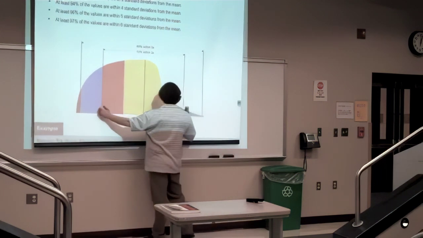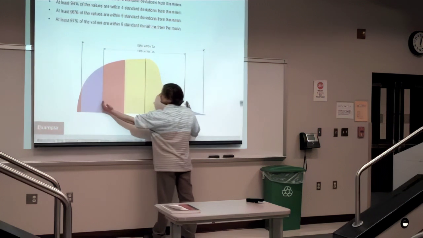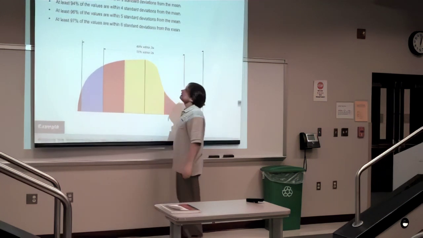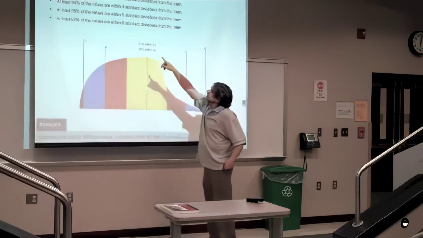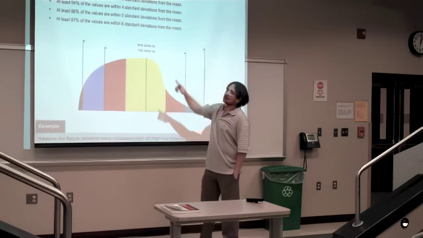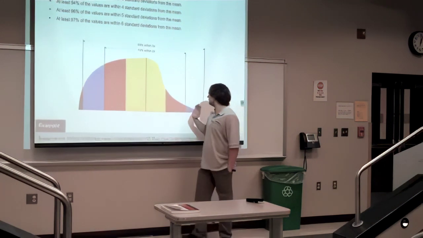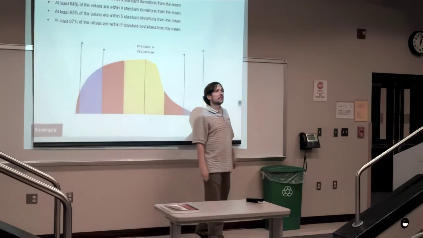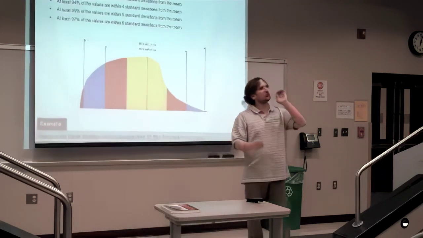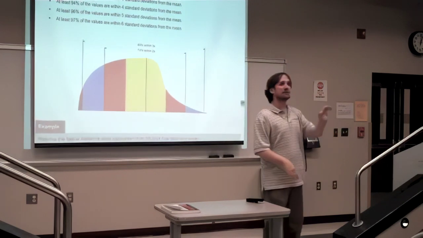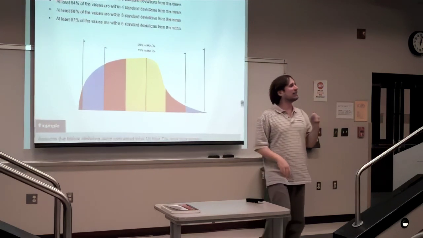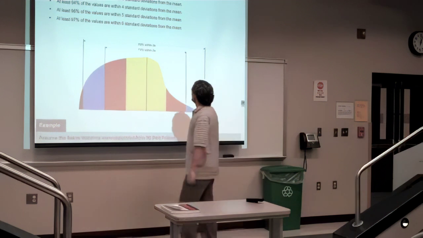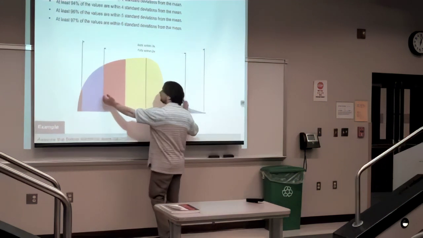So between here and here, this is 2 standard deviations below the mean to 2 standard deviations above the mean. 75% of the scores, at least, are going to fall between here and here. So, what does that mean? If I just randomly pick one of my students, I have a 75% chance that their age is going to fall between here and here.